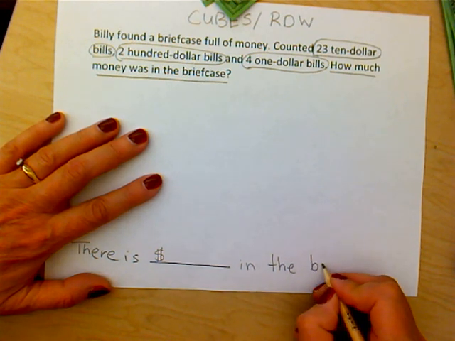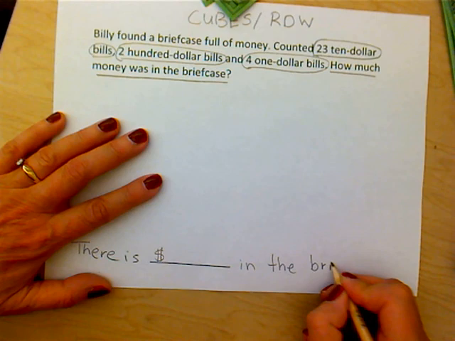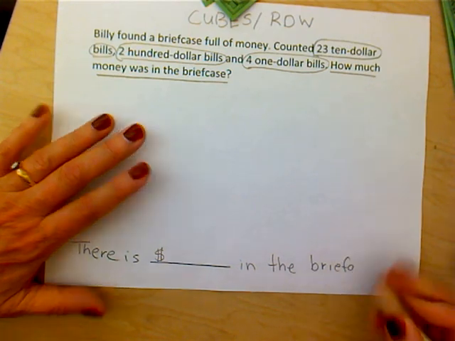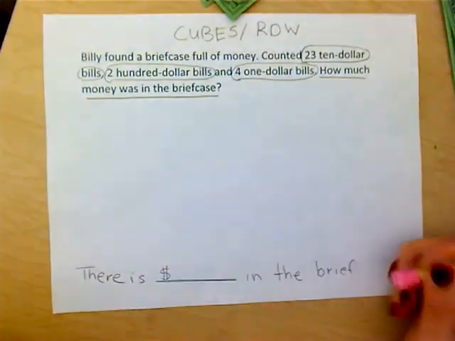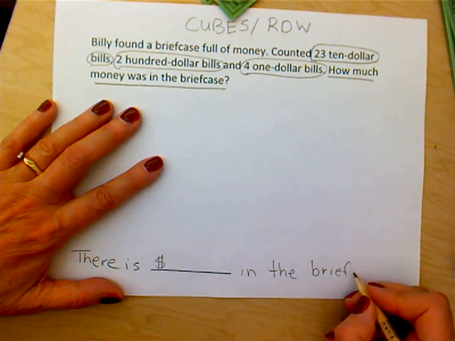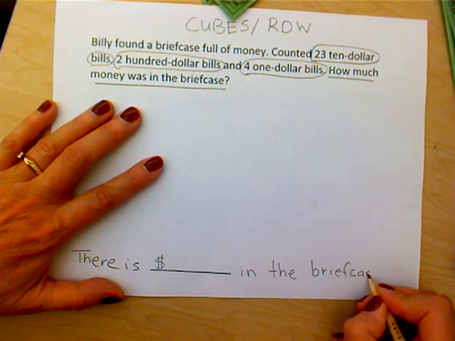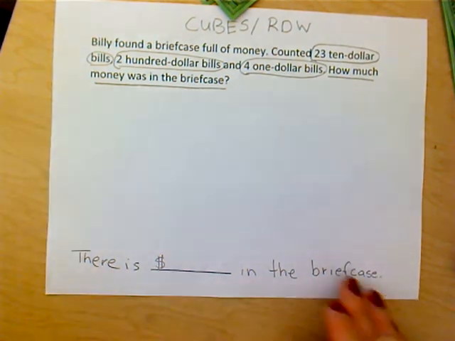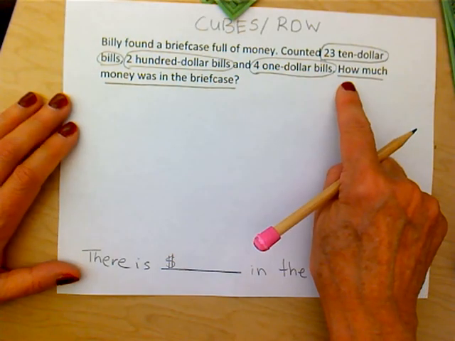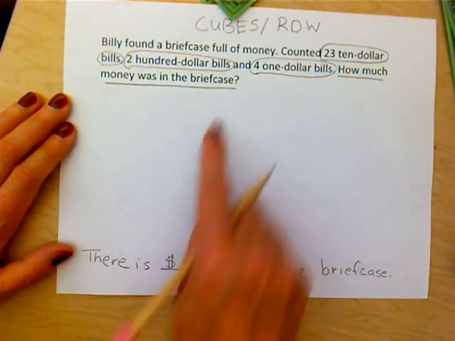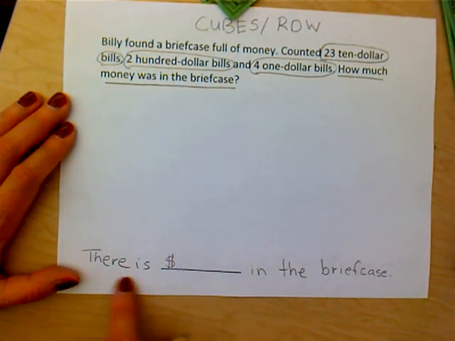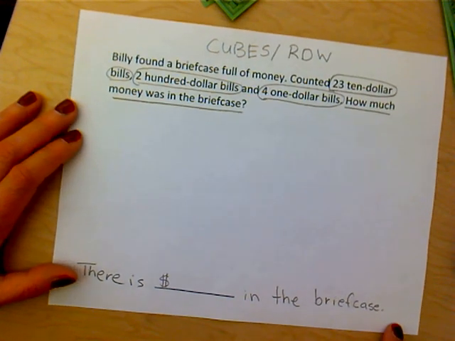So that's the question that I have to answer. By the time I get done, I need to be able to tell how much money is in the briefcase. Okay, so I underlined the question, how much money was in the briefcase, and here is my answer. There is blank dollars in the briefcase.